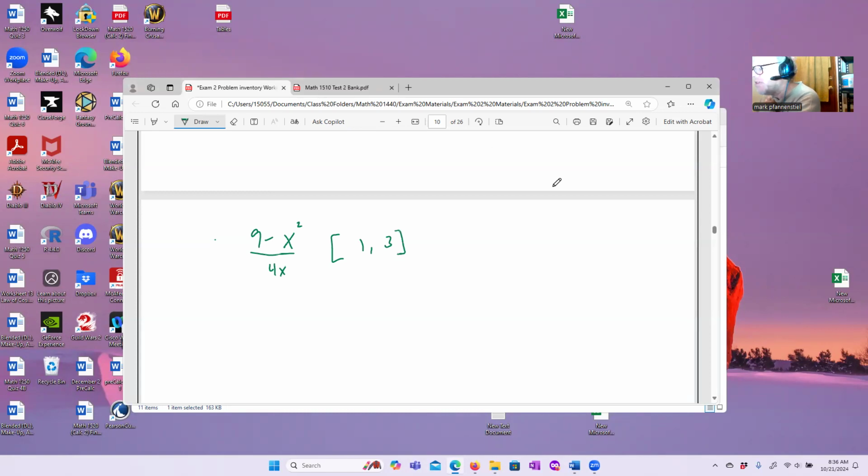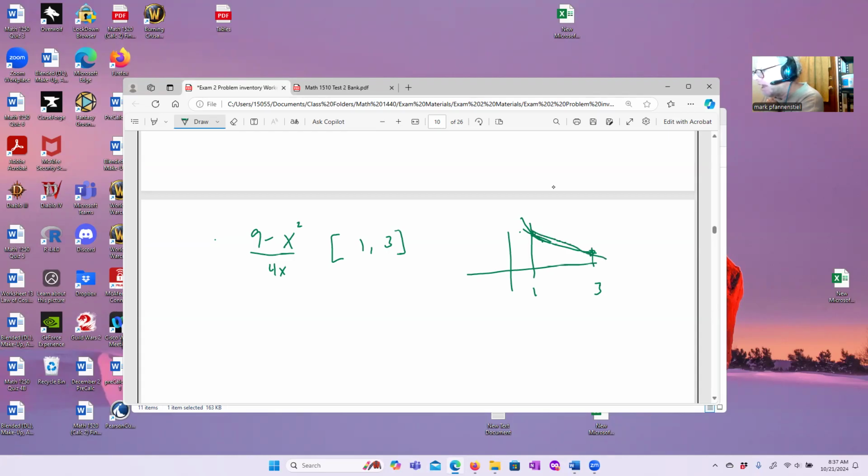So what the mean value theorem says is that whatever this function looks like, somewhere along the values between 1 and 3, we're going to find out what the slope is between 1 and 3.